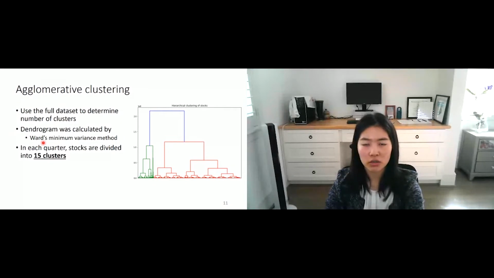This is known as Ward's minimum variance method. And the output of the method is something like this, called a dendrogram. And we ended up choosing 15 clusters every quarter. Because we need to provide the number of clusters, we wanted to keep it constant at 15 clusters.